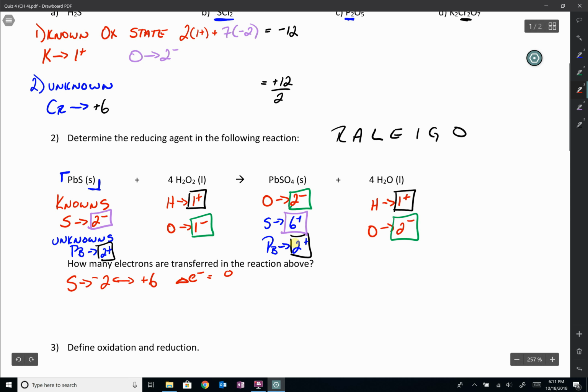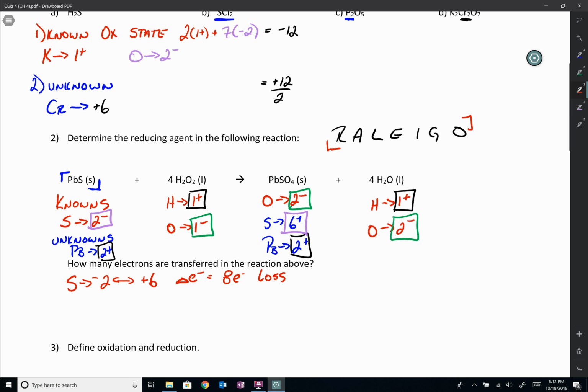My change in electrons is 8. How do I get from 2 minus to 6 plus? I have to lose 8 electrons. So we answered the second part here. And if we take a look up here, reducing agents lose electrons, they get oxidized. So the sulfur is our reducing agent in this case, because it lost 8 electrons.